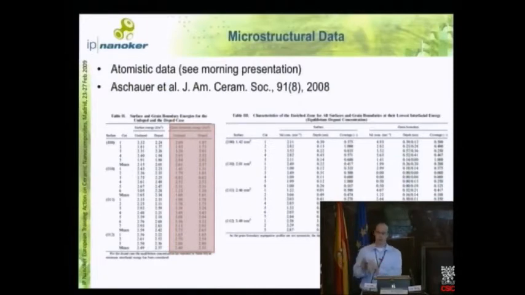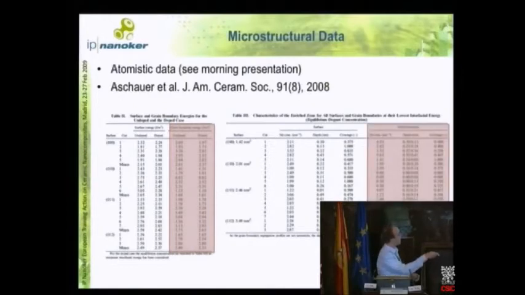So we have a certain population of grain boundaries. In a real ceramic, there will be a huge population. What we try to do in the simulation is to calculate a certain number of them, which we think covers quite well the spectrum of grain boundaries that one would find in a ceramic, from very low sigma to reasonably high sigma value boundaries.